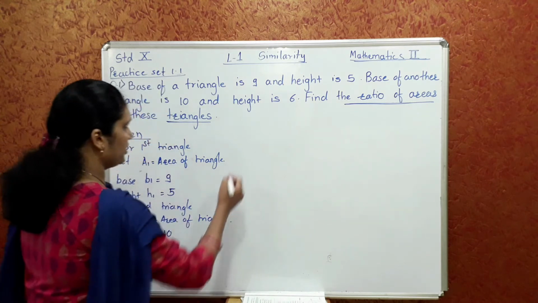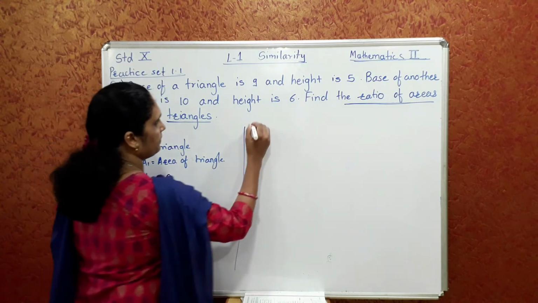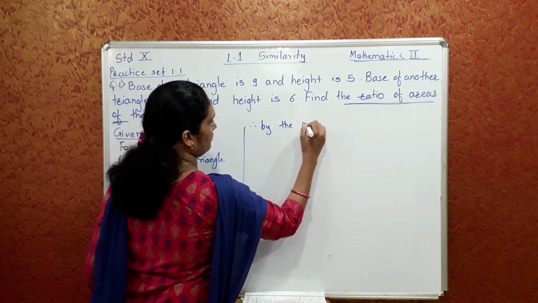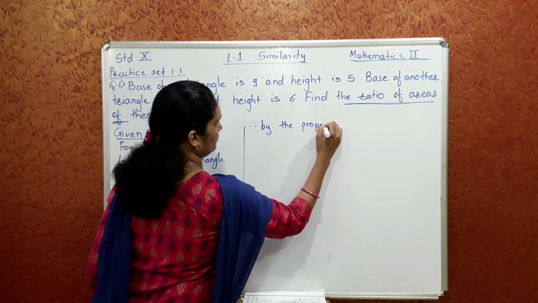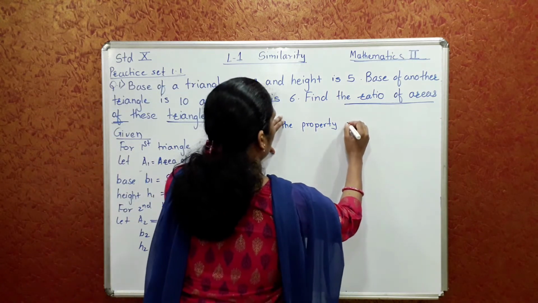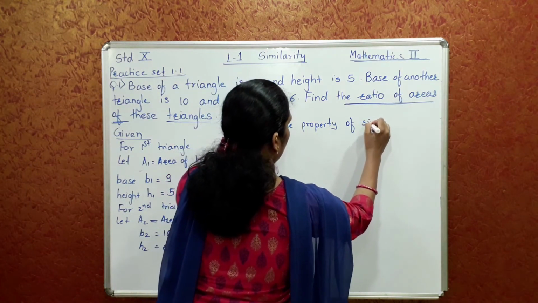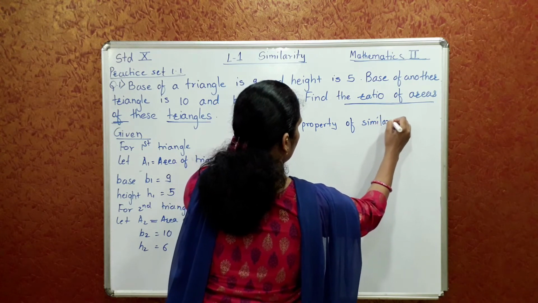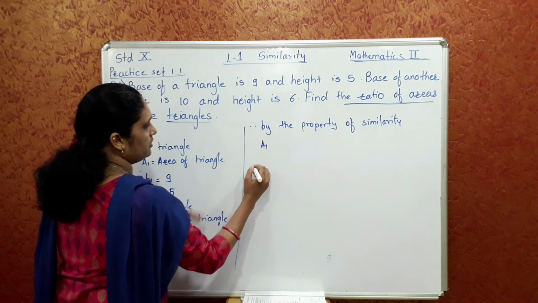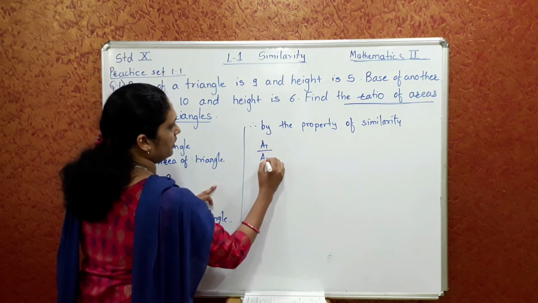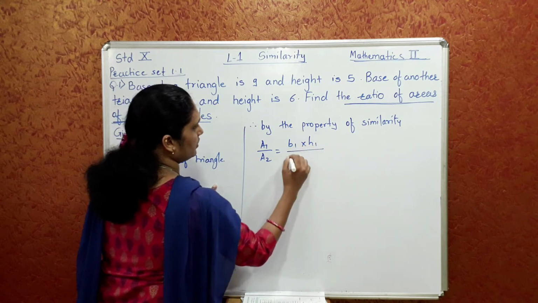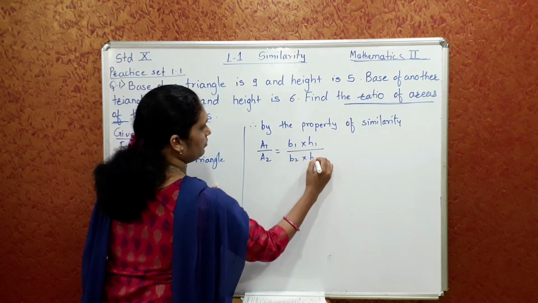So we are going to write, therefore, by the property of similarity, the property is A1 upon A2 equal to B1 into H1 upon B2 into H2.